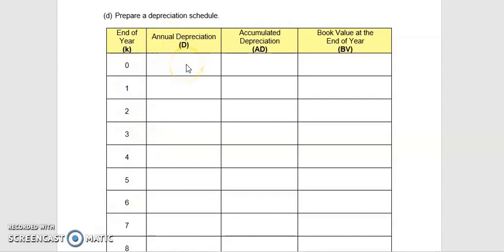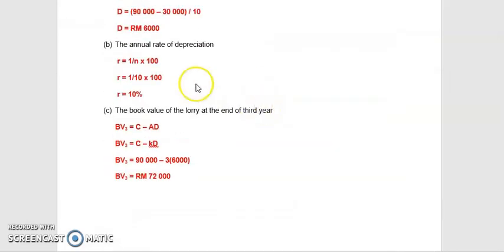Annual depreciation: using the straight line method, the annual depreciation is the same throughout the asset's useful life, right? Previously we already calculated that the annual depreciation is 6,000. So from first year until 10th year, the annual depreciation will be equal to 6,000. Okay, now look at this table.